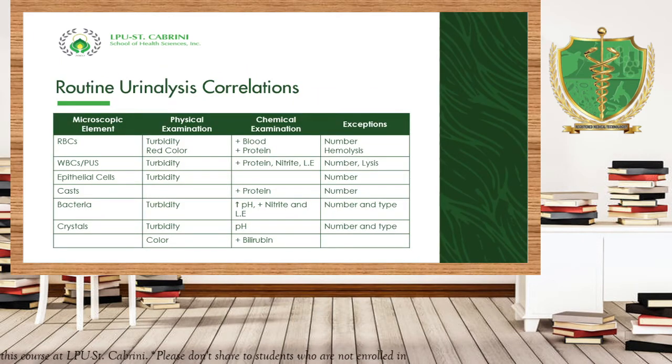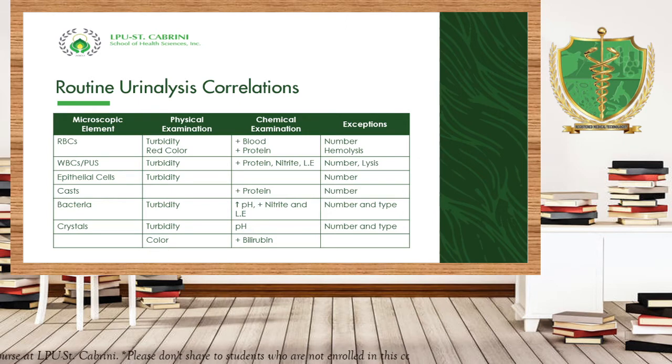Okay, so again, we have here the routine urinalysis correlations. So we have RBC, the physical examination, which correlates with turbidity and red urine. Chemical examination, the presence of blood and positive in blood and protein. Exemptions: you have to count it and observe for hemolysis if there is.